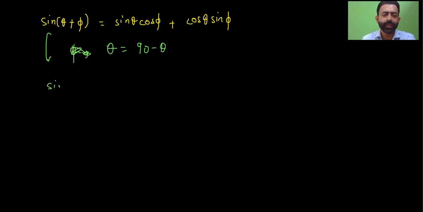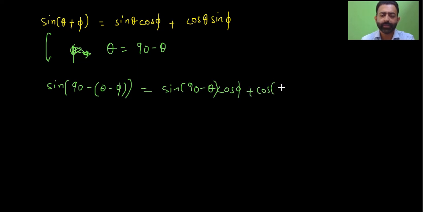This will result in sin of 90 minus theta plus phi, that means theta is replaced with 90 minus theta. This is equal to sin 90 minus theta cos phi plus cos 90 minus theta sin phi.